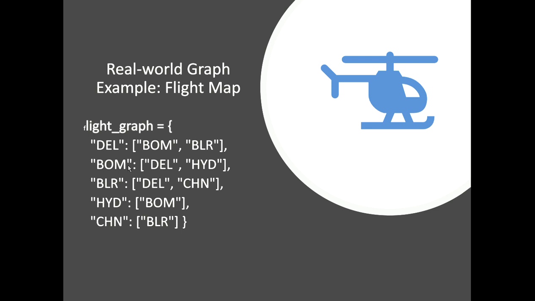We have different nodes with the key and its values. We can go through the relationship between key and value.